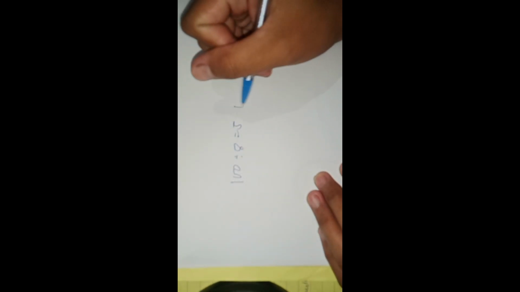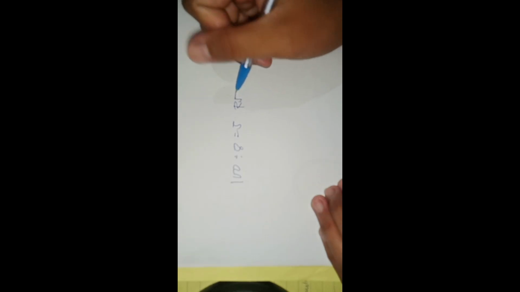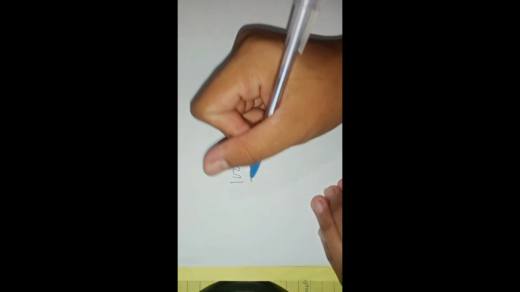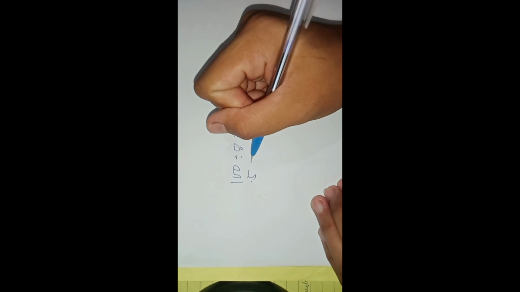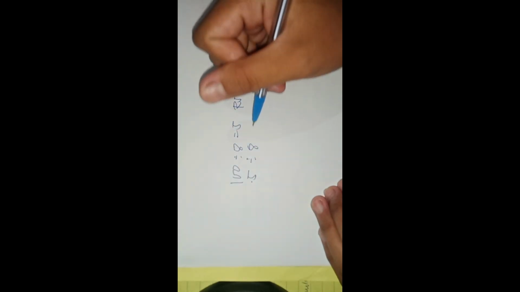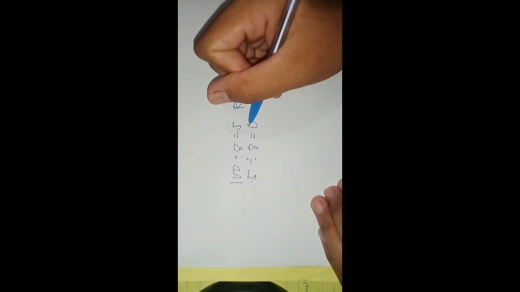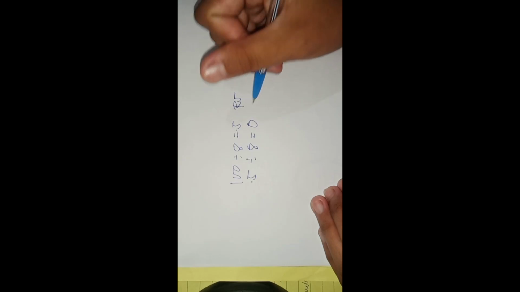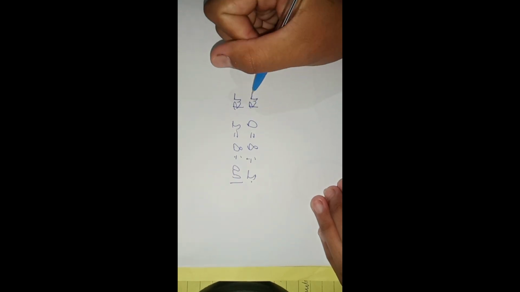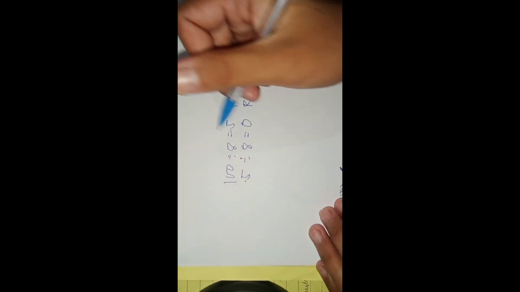We get 12 with a remainder of 4. Then, divide 12 by 8. We get 1 with a remainder of 4. Then divide 1 by 8, and we get 0 with a remainder of 1.